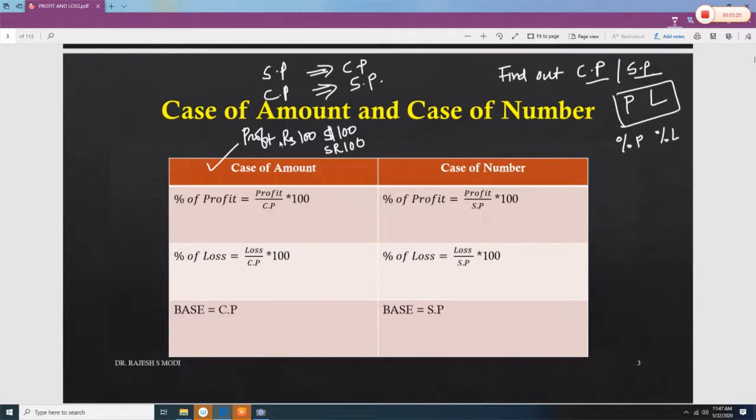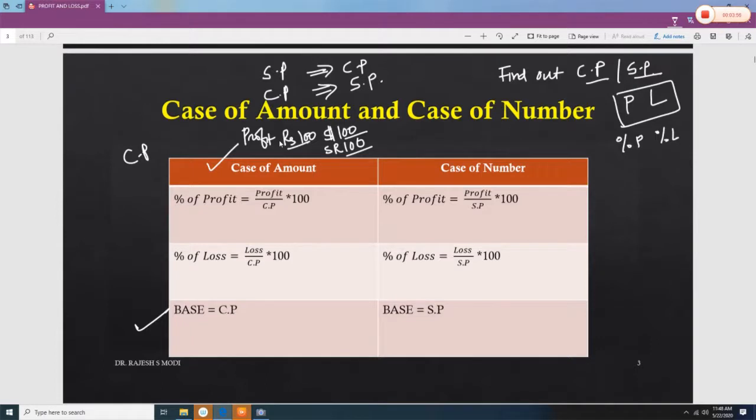So when the profit figure is given in money terms, the profit is divided by the cost price, multiplied by 100. Same is the case with loss. Loss is again divided by the cost price multiplied by 100, because in the case of amount the base is cost price.